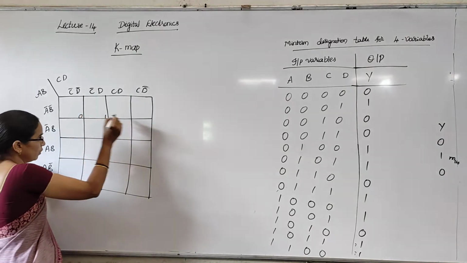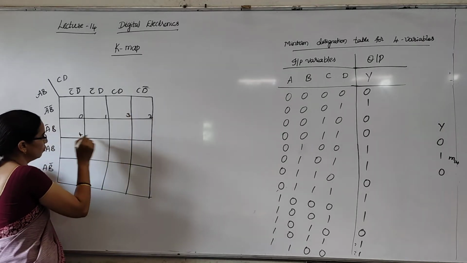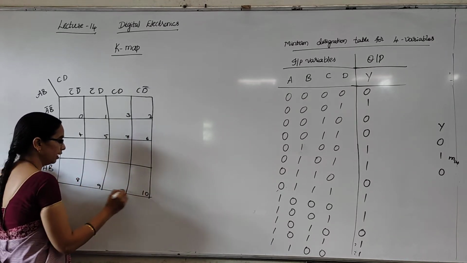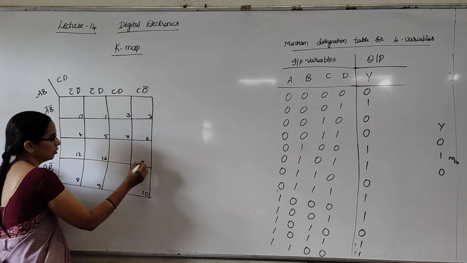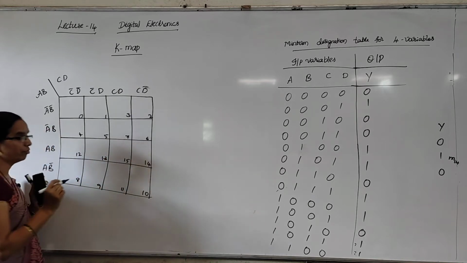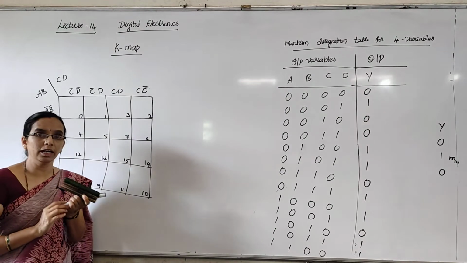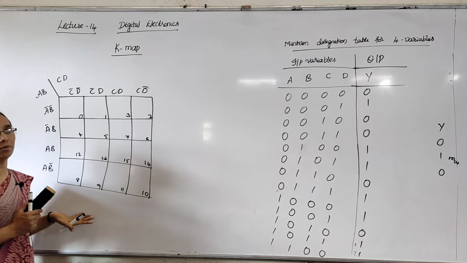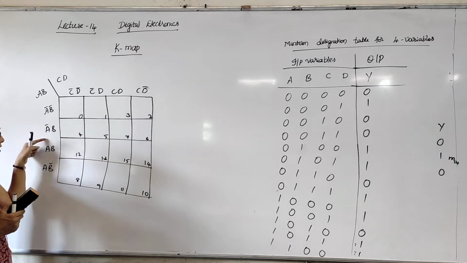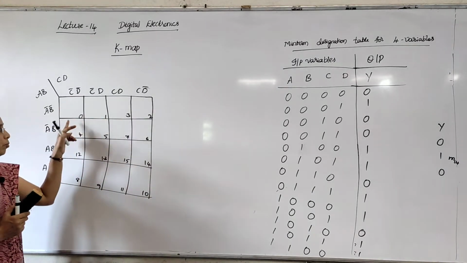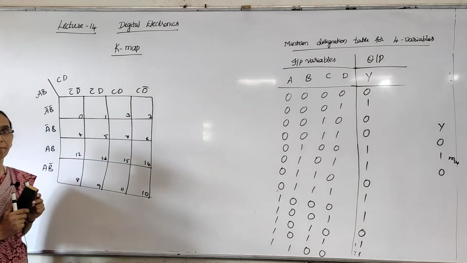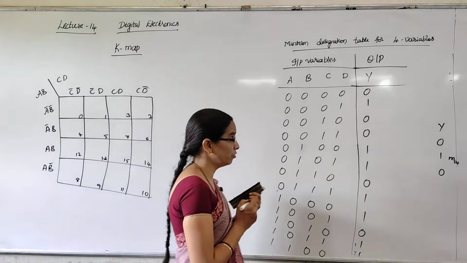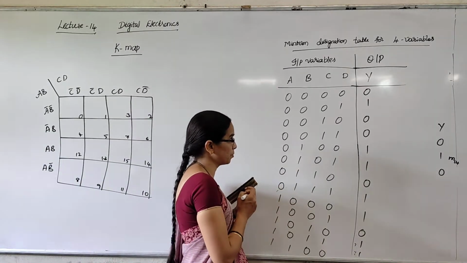Here it is 0, 1, 2, 3, 4, 5, 6, 7, 8, 9, 10, 11, 12, 13, 14 and 15. If any problem is given for a K-map of 4 variables, first you should know how to draw the K-map, and these designations should be proper along with these numbers. After this we will check for which input combinations the output is high.